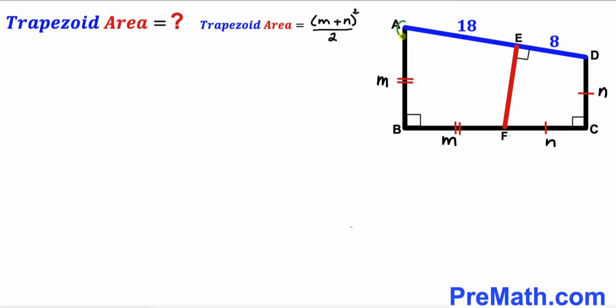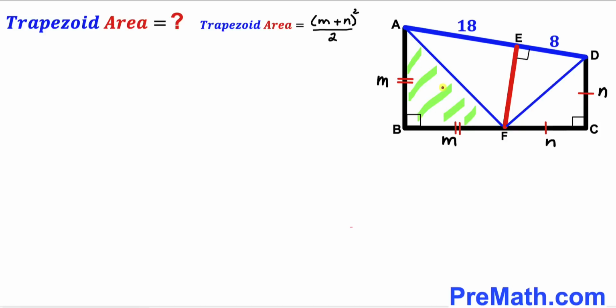I'm going to connect this vertex A with this point F, and likewise connect this point F with this vertex D as well, as you can see in this next step. As a result we end up with two isosceles triangles, this isosceles triangle ABF and this other isosceles triangle CDF.